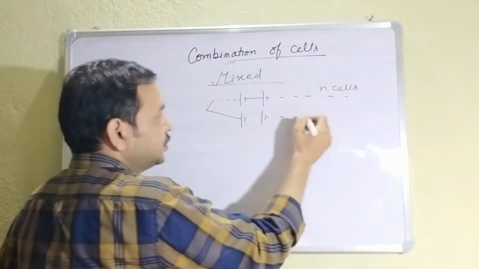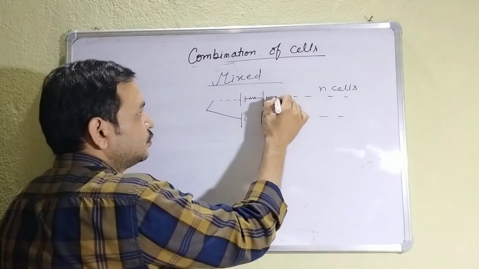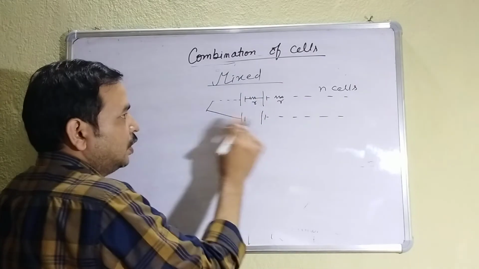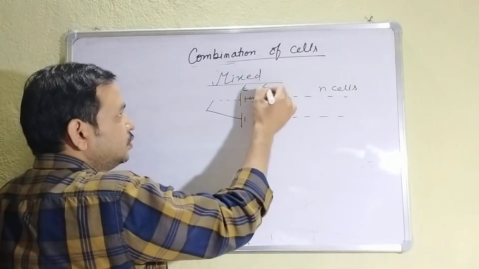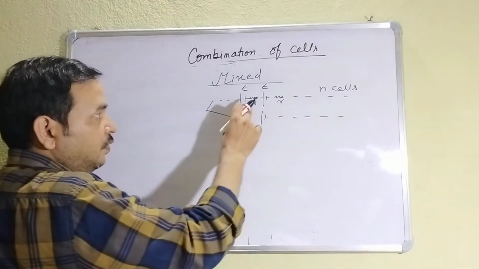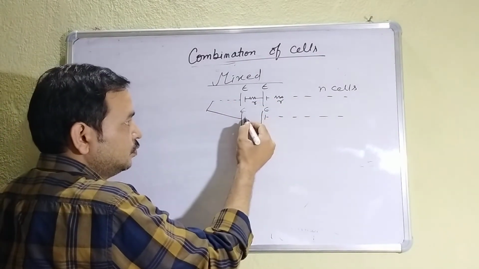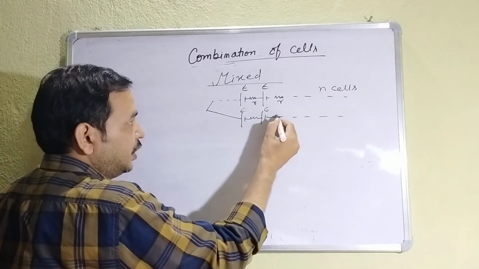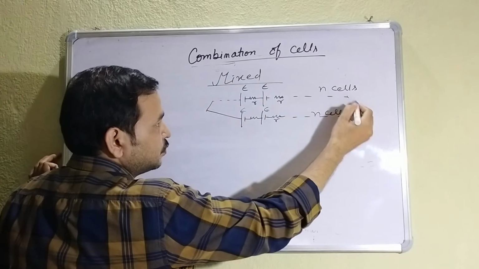Again n cells, each having internal resistance R. N cells, all having EMF E, all having internal resistance R. This also has EMF E, internal resistance R, and here also n cells.